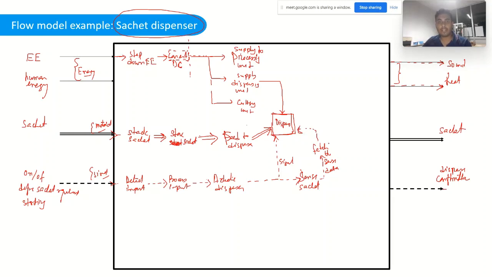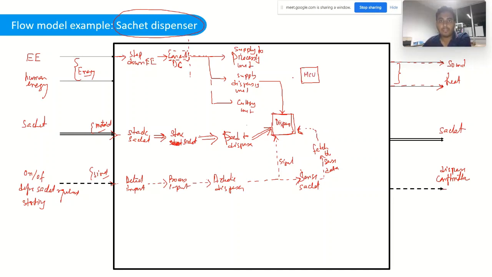So these sensing and fetching tasks are done by something like a processor. Otherwise, how would the system logically understand to stop the dispenser or run the dispenser? For making these decisions, you need something like a microcontroller unit.